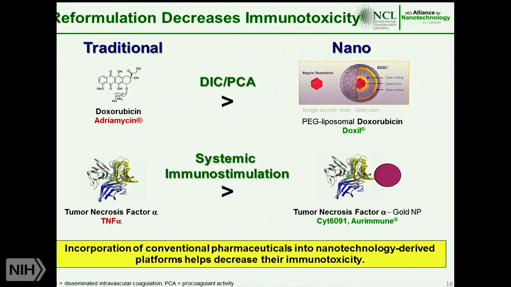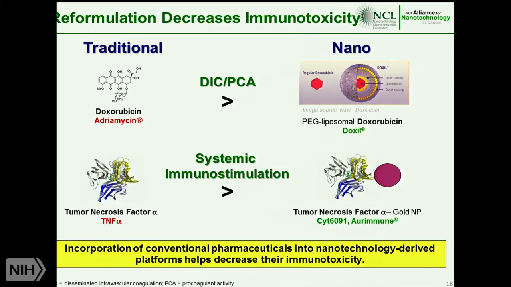There is a small biotech company here in Rockville, Maryland, called Cytimmune Sciences. What this company did was put TNF on the surface of colloidal gold nanoparticles coated with polyethylene glycol. Polyethylene glycol makes the particle surface hydrophilic, and it shields TNF from immune cell recognition, so that particles stay in the circulation while being delivered to the tumor site.